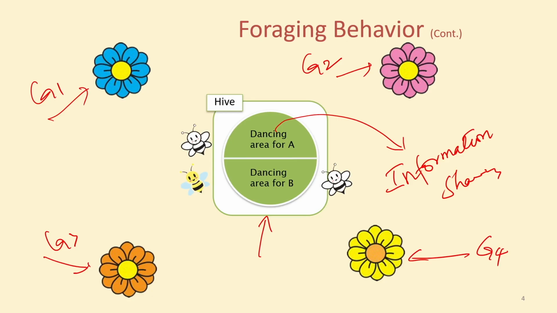Now bees from the hive are flying towards the gardens to collect the honey. What bee is it? It is the employed bee. The employed bees from the hive fly and try to collect honey from the flowers. One set of employed bees goes to garden 2, another set goes to garden 4.